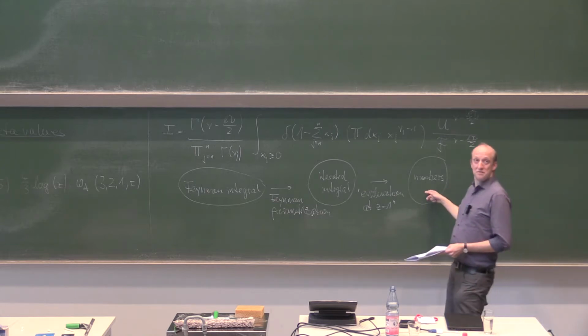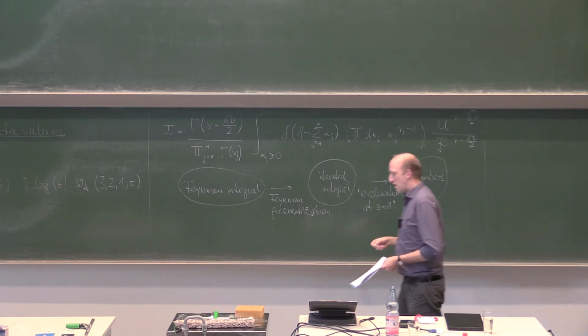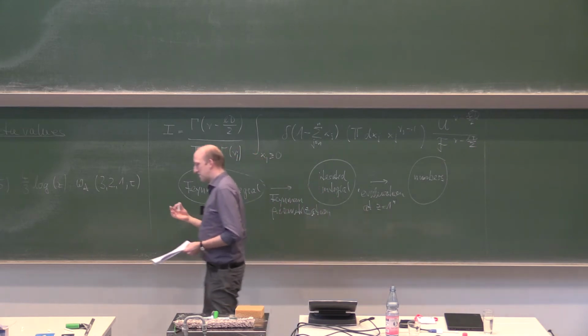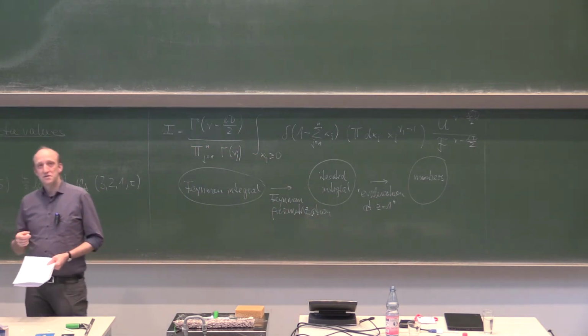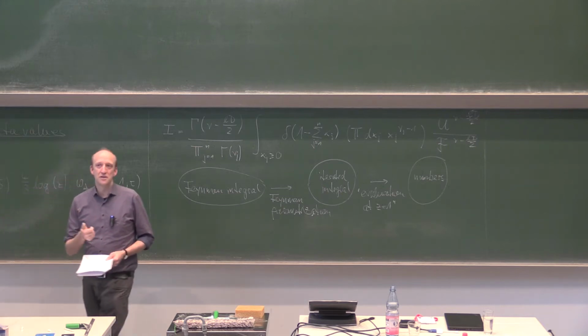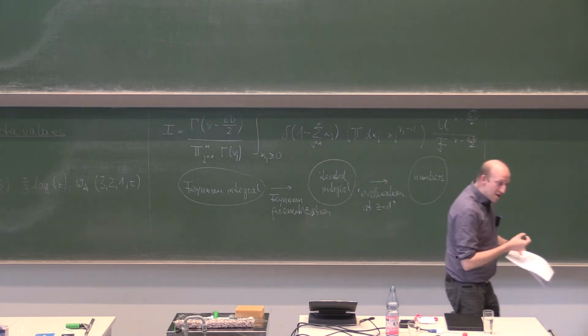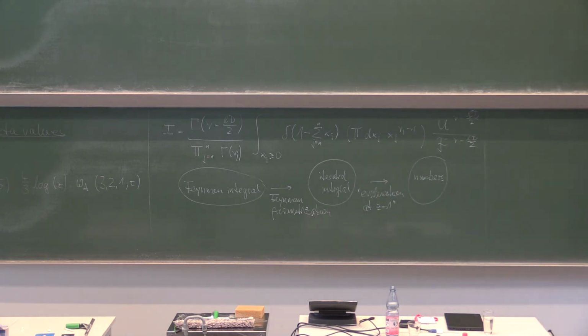While doing so, my goal is at the same time to provide the tools to play around with those numbers. So there will be, in particular at the end of this lecture already, a part where I introduce you to some concepts for how to deal with those numbers, first of all in Mathematica, and second, how to get large expressions or many digits, very precise values for the numbers.